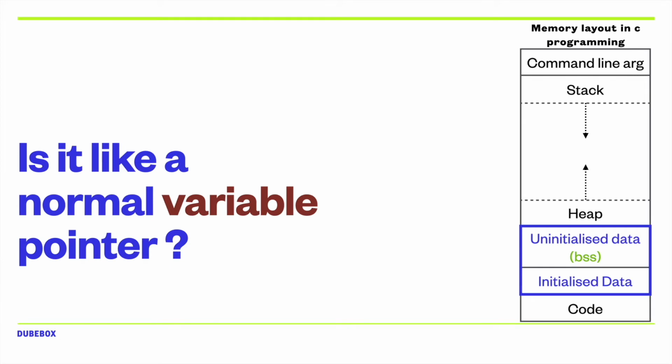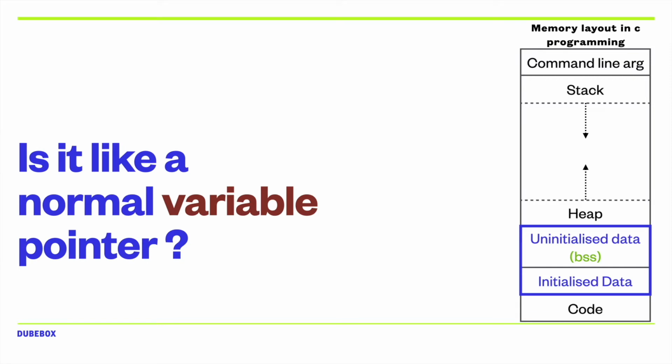Here, we'll only focus on the code segment, initialized data segment and uninitialized data segment. Variables are stored either in the initialized or uninitialized data segment, and executable instructions are stored in the code segment.